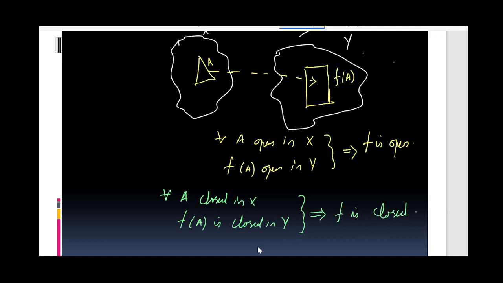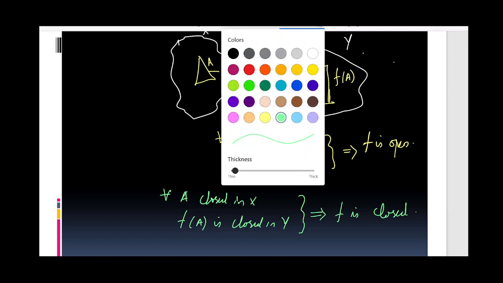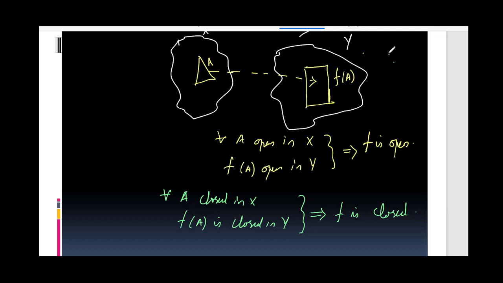This map is a closed map. Here, open map means image of every open set should be open. Okay, hope you understood this. So we are only taking care of the definition here.